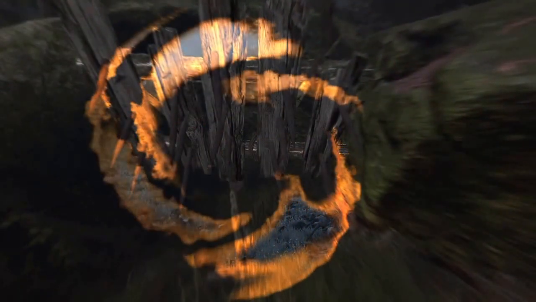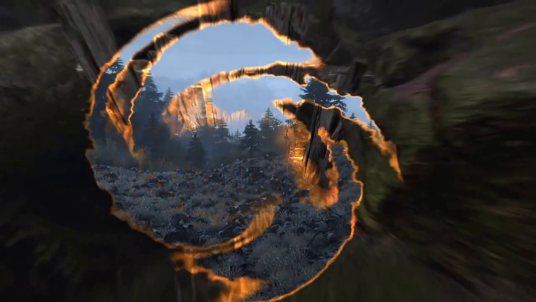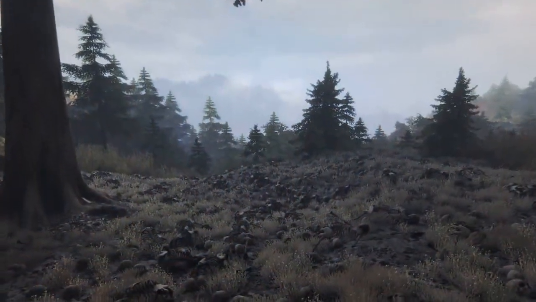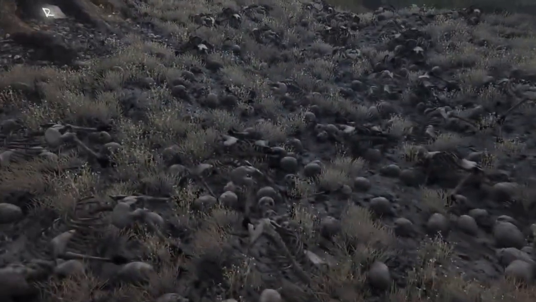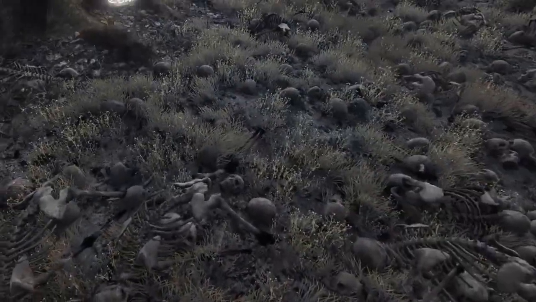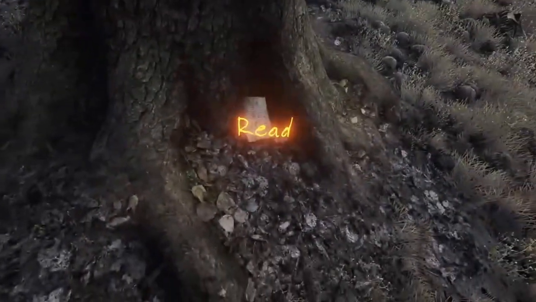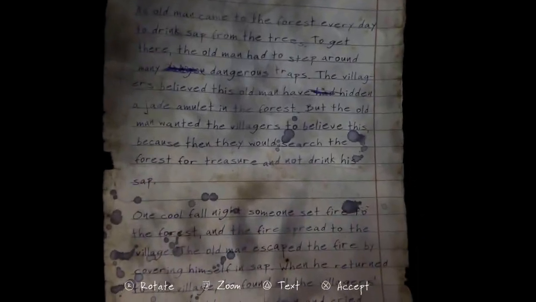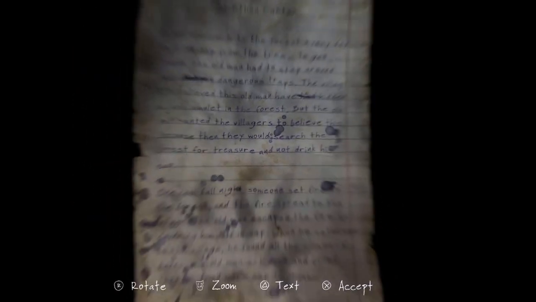So now you see that you have all the clues, and you can find out what happened. You see this landscape of dead bodies. They look like bird bodies because you see the ash. Let's read the detail. This is a story called Sap by Ethan Carter himself.